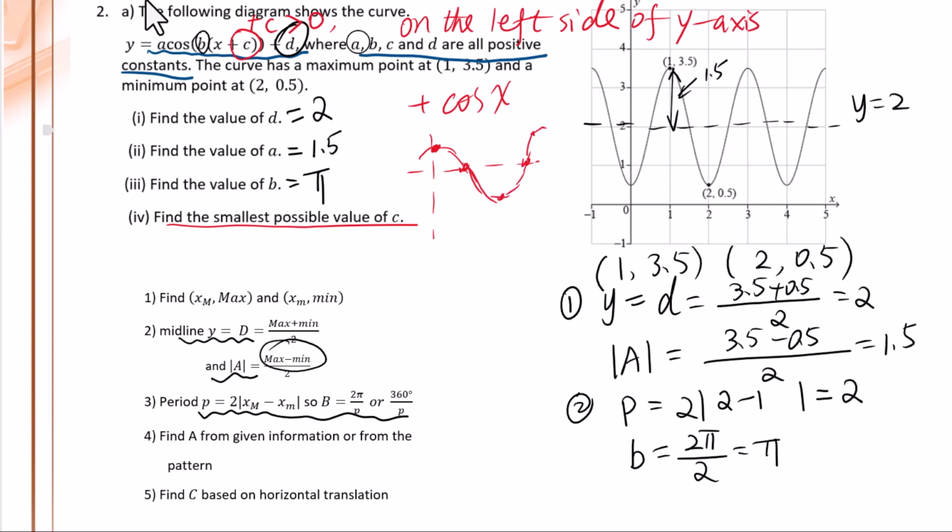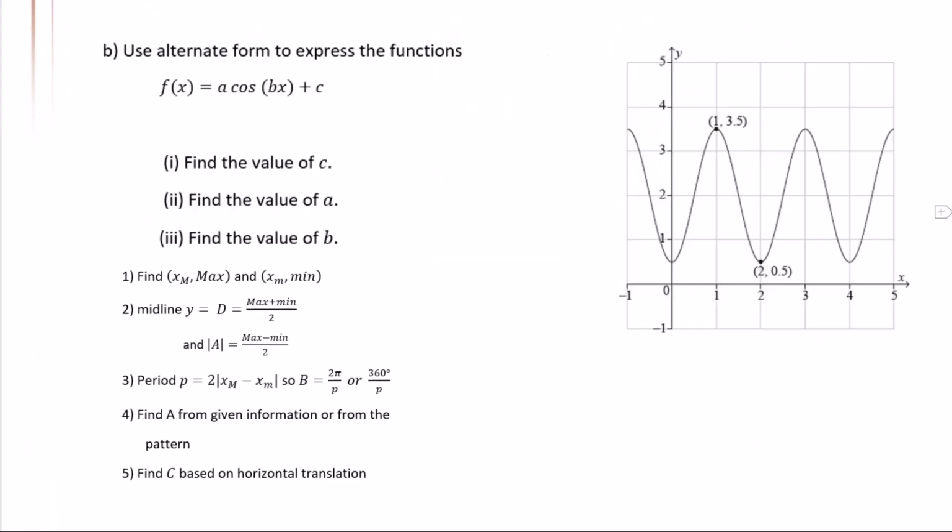On the left side of the y-axis, it's here. This is the starting point. We look for the x coordinate of this starting point. The x coordinate is -1, but here c is positive, which means c equals 1.